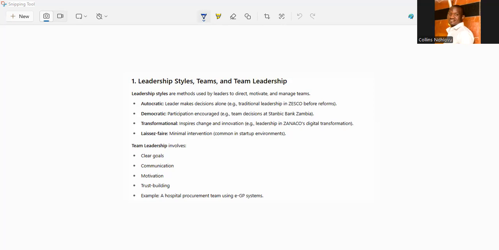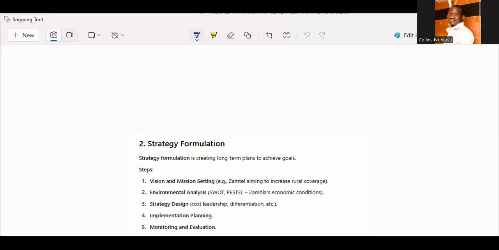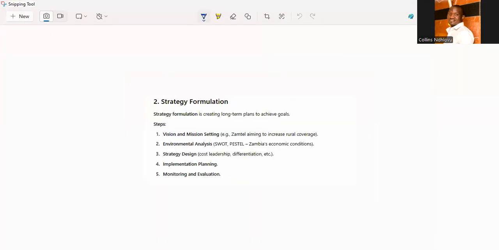All right, so we also talk about strategy formulation. What is a strategy? And what are some of the steps involved in strategy formulation? When we're talking about strategy, we're looking at the process by which companies define their direction and outline how they will achieve that direction. There are steps involved in strategy formulation.